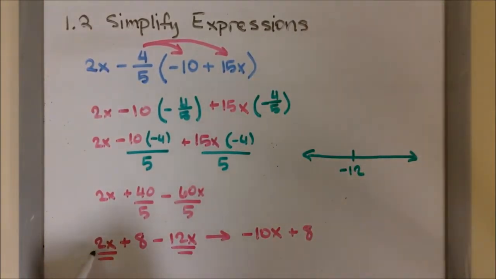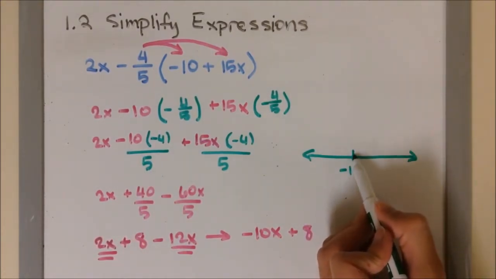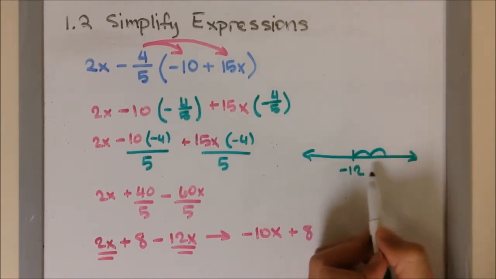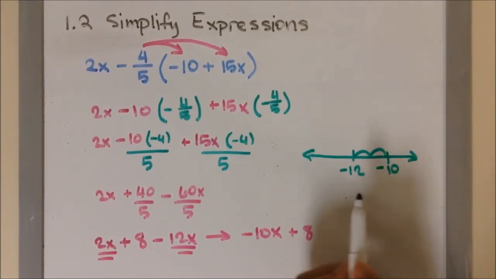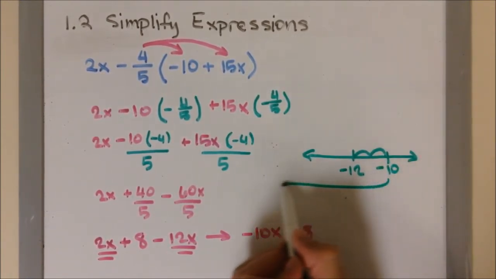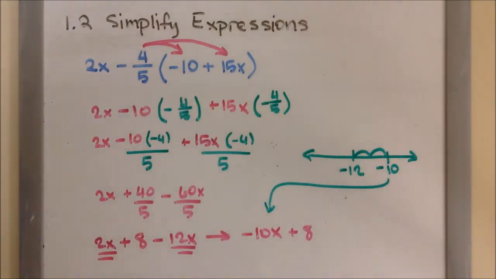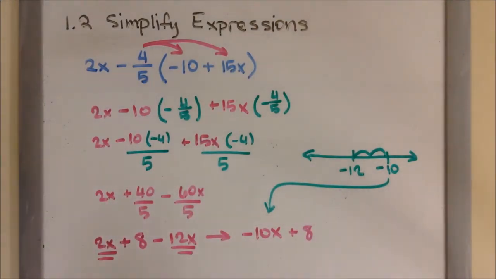Since it's a positive 2, that means I'm going to go to the right 2 times, 1, 2. So I'm going to count from negative 12 to the right, negative 11, negative 10. So that's why I have a negative 10x. It is not negative 14x, it is not 10x, it is simply negative 10x. And that is our final answer.